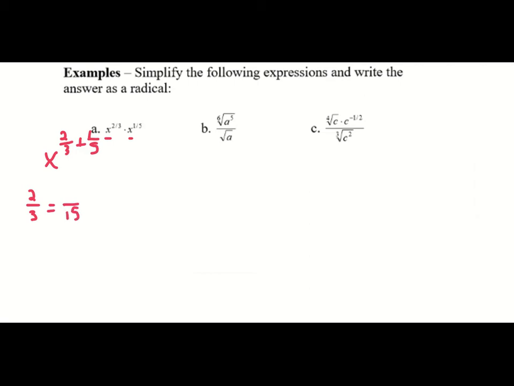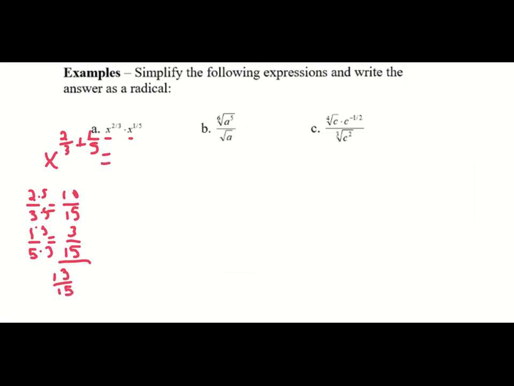So I multiply by 5 here and I get a 10/15. And my 1/5, if I made it have a denominator of 15, I multiply that by 3, so that by 3. So when I add those together, I'm going to end up with 13/15.